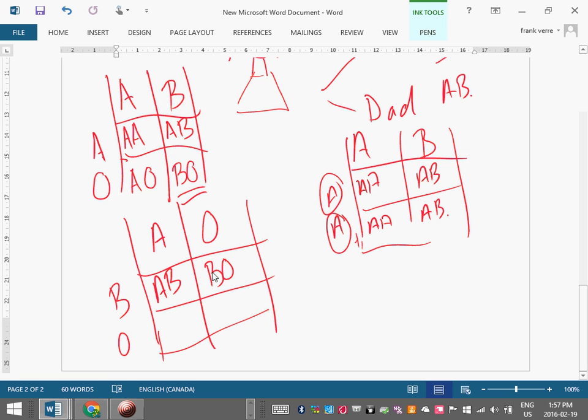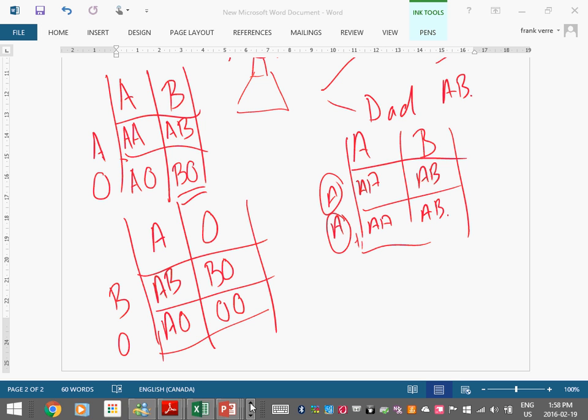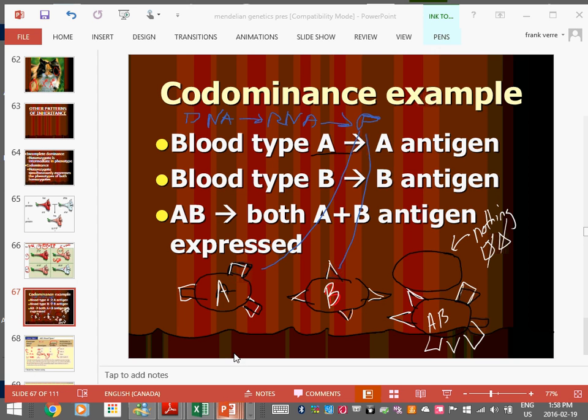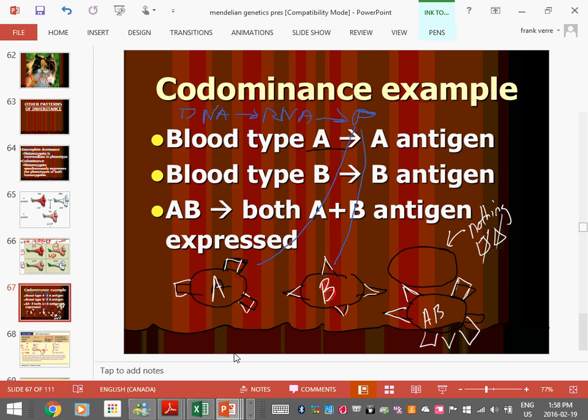This is just B, because B is dominant over O, because O is recessive. This is A, and this is O. So the only way you get all four possibilities is if you have AO cross BO. So with the blood type, O is recessive to AB, but AB are codominant with respect to each other.